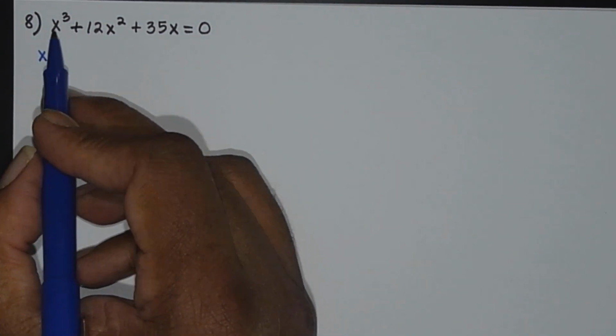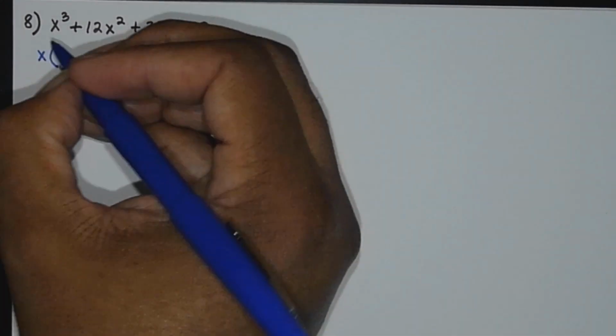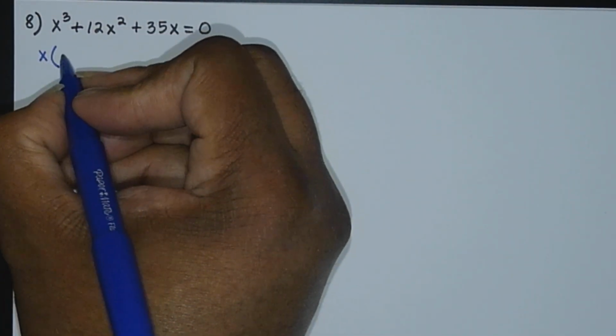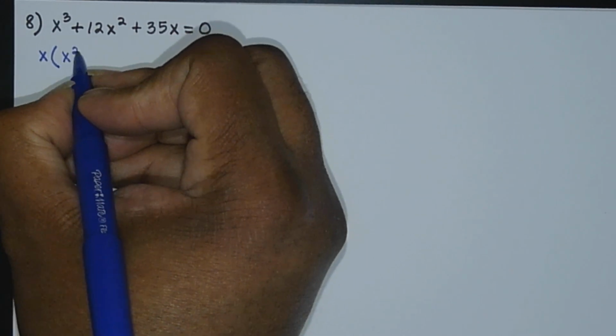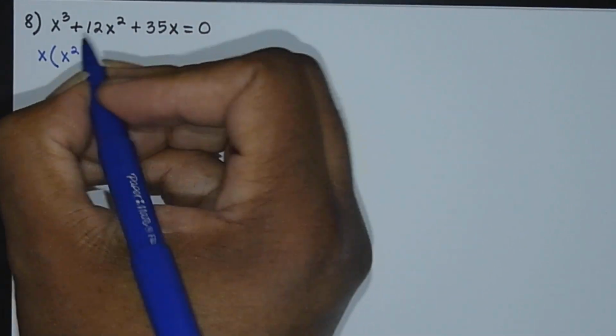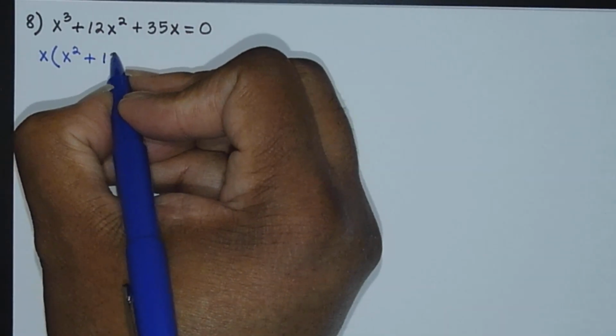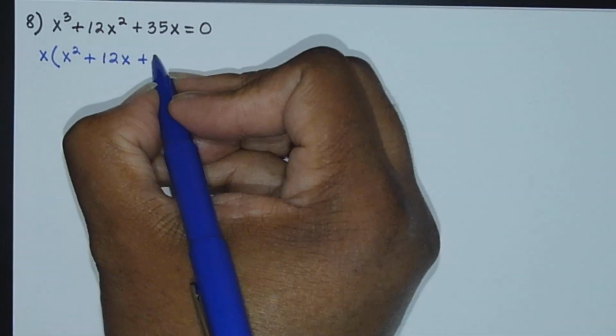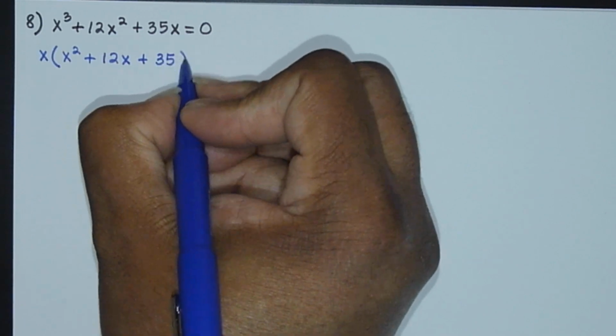All right, so we're going to divide each term by that common factor of x, so x cubed divided by x is x squared, plus 12x divided by x is 12, plus 35x divided by x is 35. And that's equal to 0.